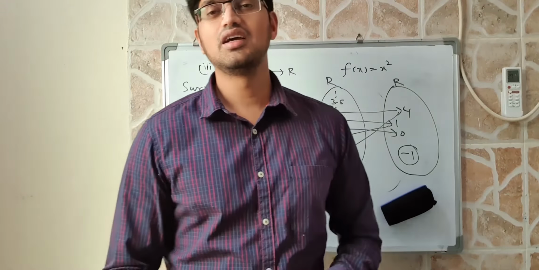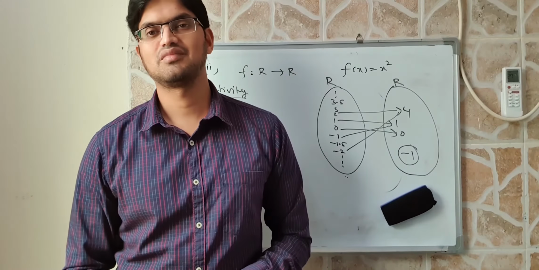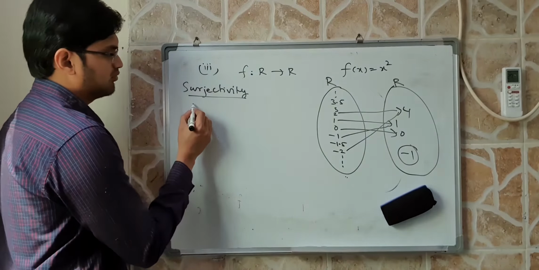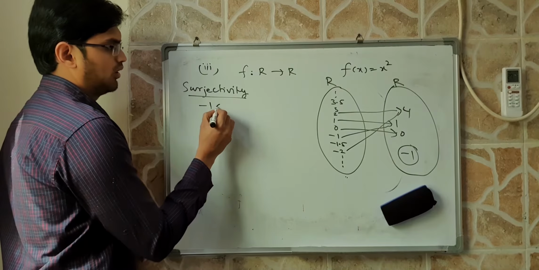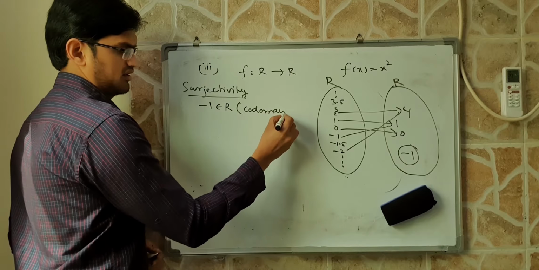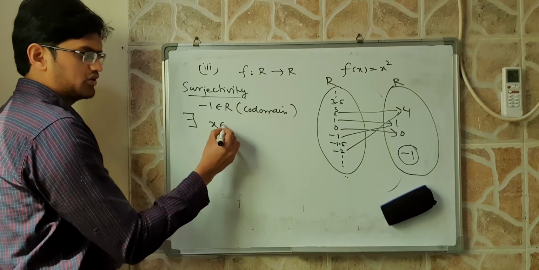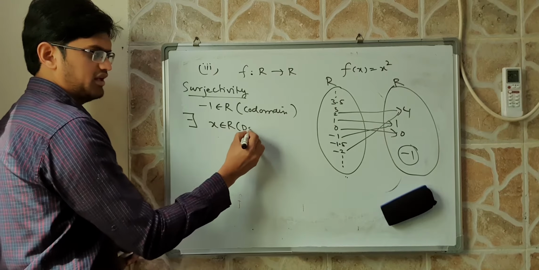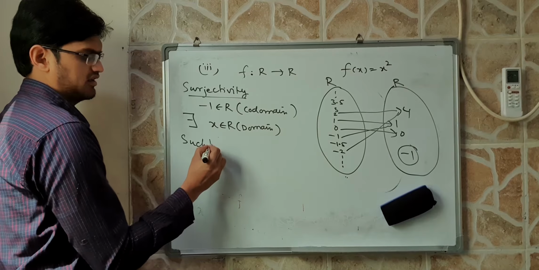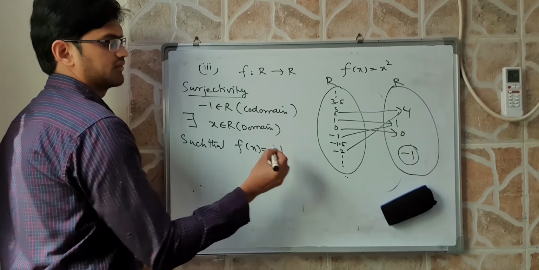Do you think the square of any real number will become -1? No. Let us see now how to prove. I have taken -1 belongs to R from the codomain. Then there should be at least one x belongs to R from the domain such that f of x is equal to -1.